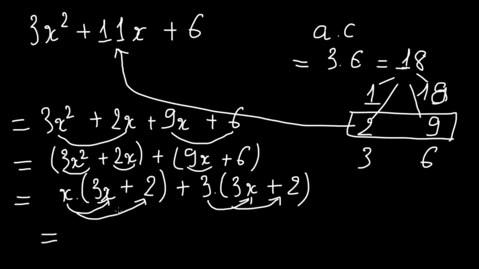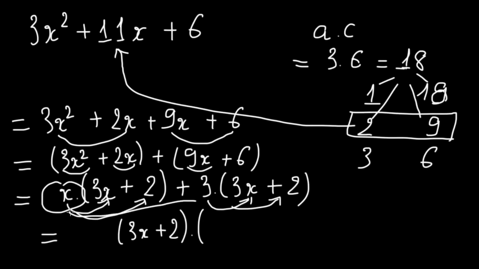Now you see 3x plus 2 is a common factor. You put it down right here. And then inside the parentheses, you put x right here, and then positive 3 right here. And this is the final answer for this question.